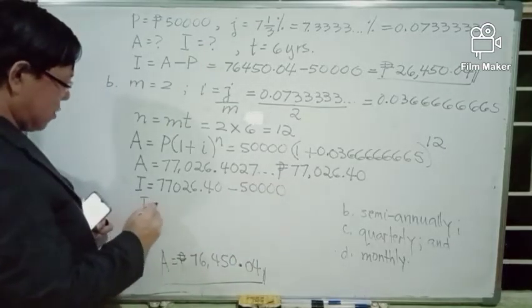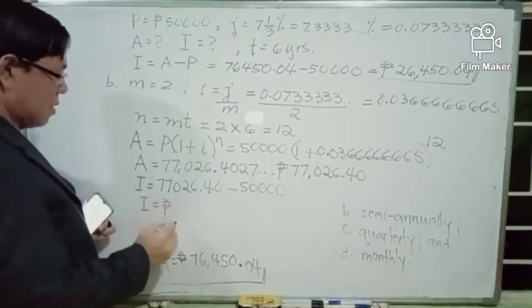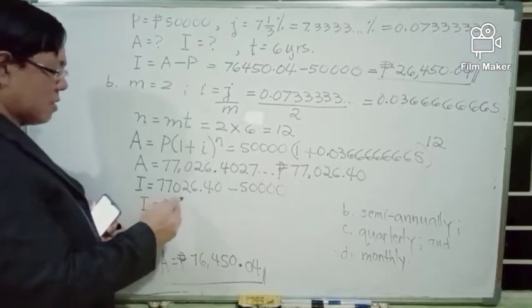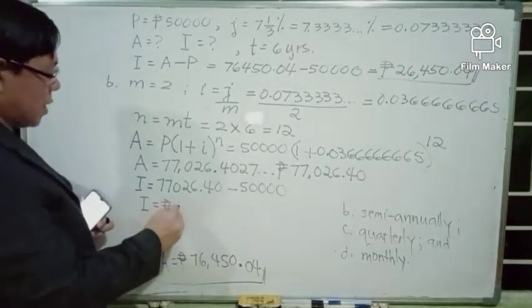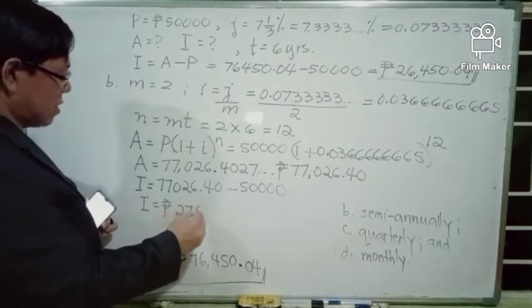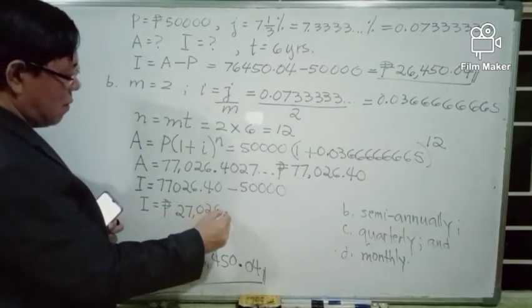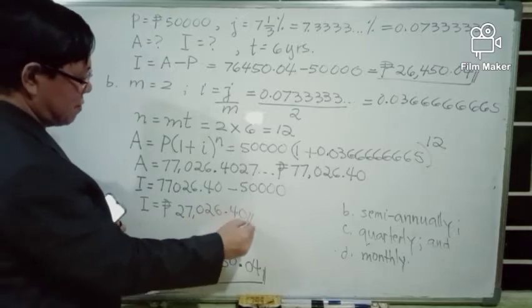And I is equal to 77,026.40 minus 50,000, which is 27,026.40.